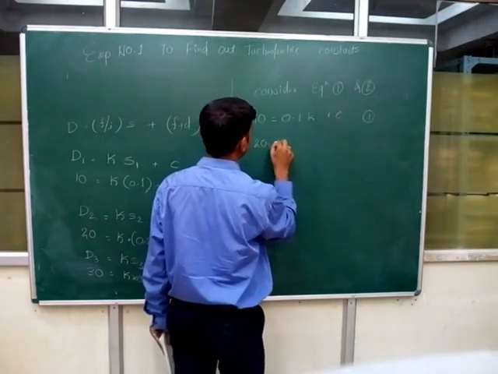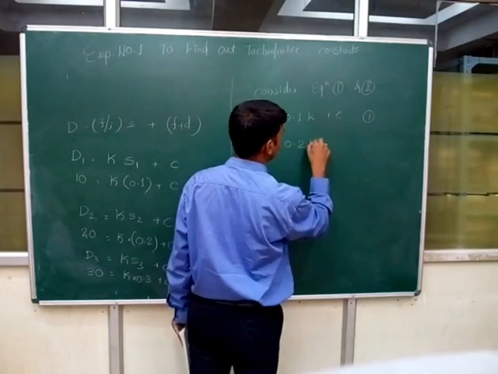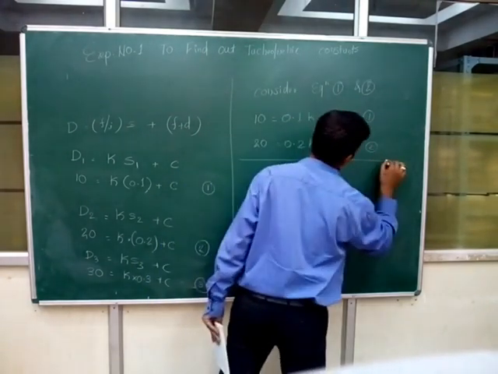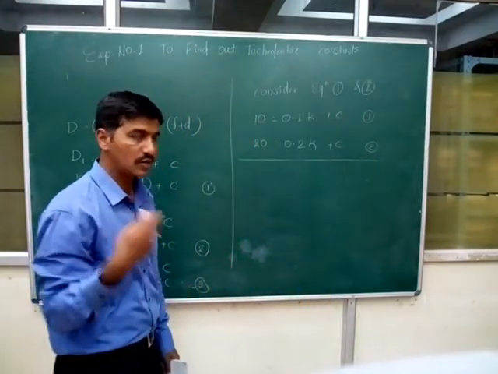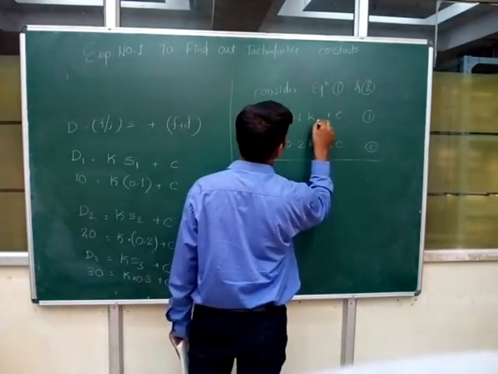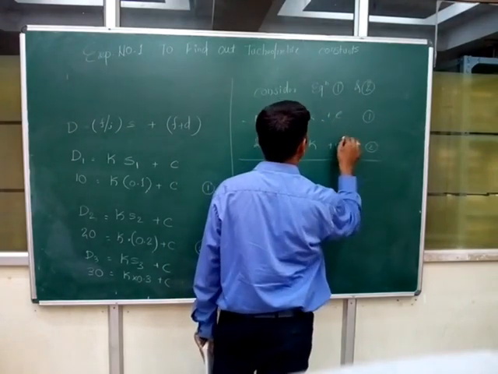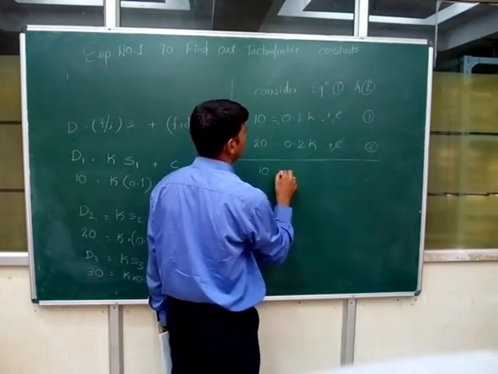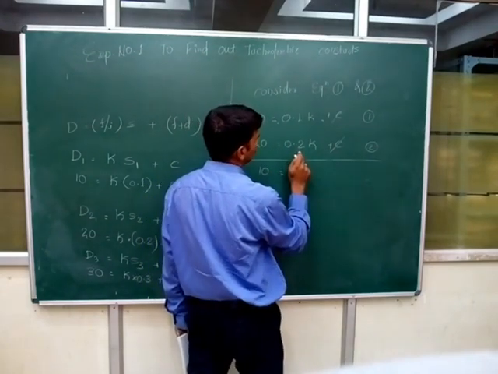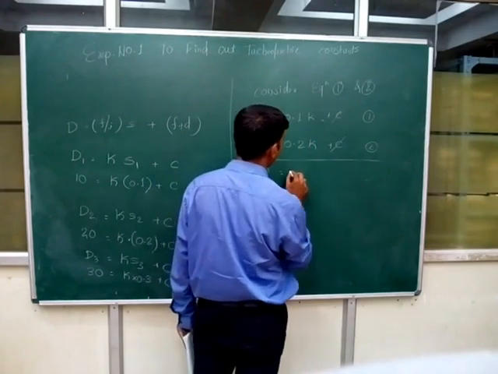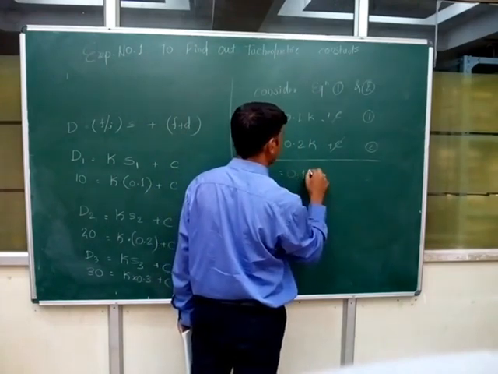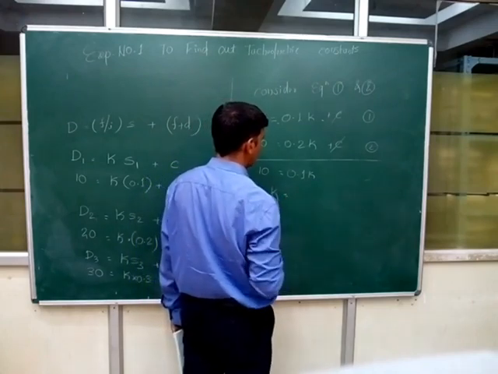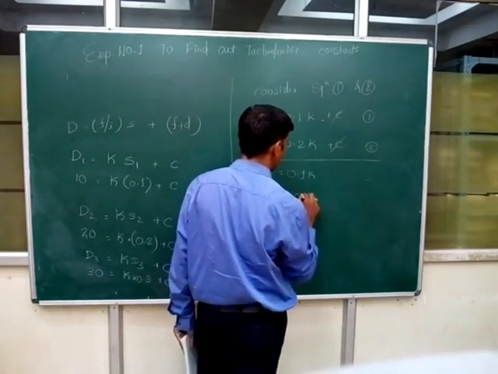And the second equation is 20 equals 0.2 K plus C. We will try to solve it by using the simultaneous equations. Let us see how we can solve it. I will just change the sign conventions. So minus 10 plus 20, you will get 10. Plus for 0.2 minus 0.1, you will get 0.1 K. So by modification, you can find out K will be equal to 100.